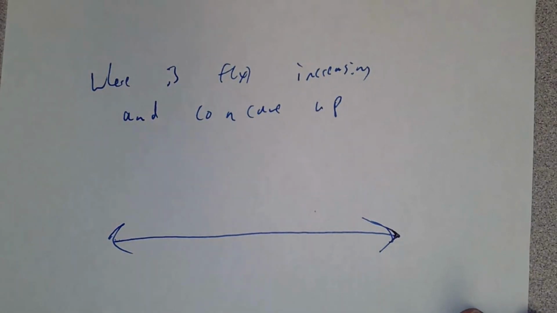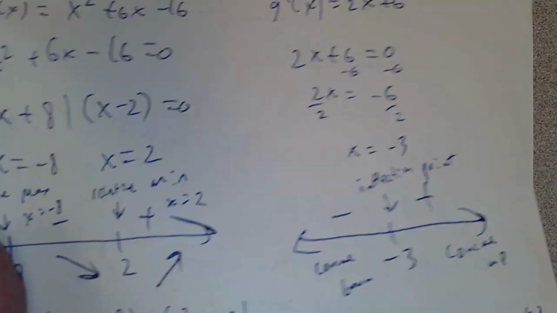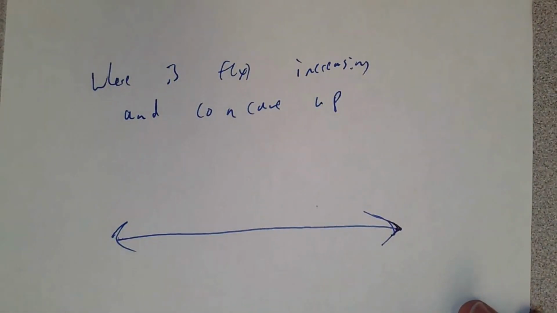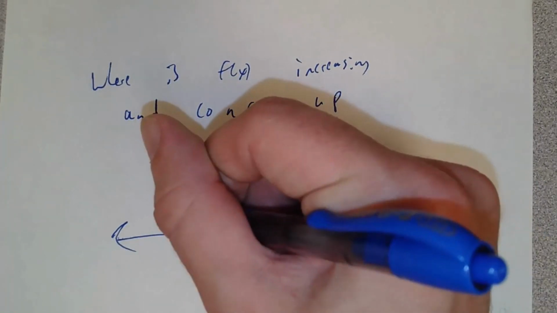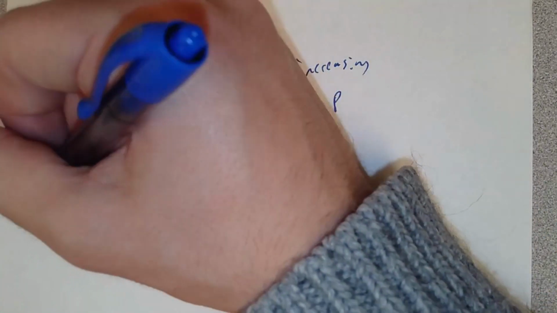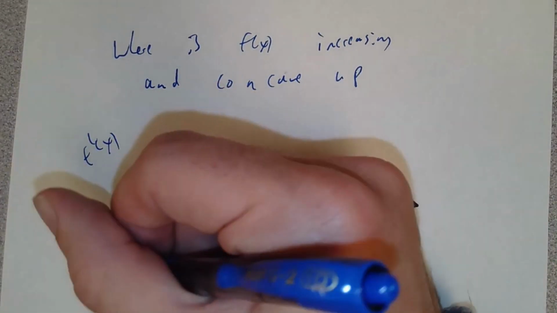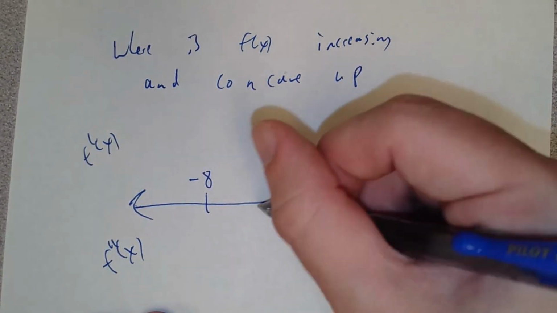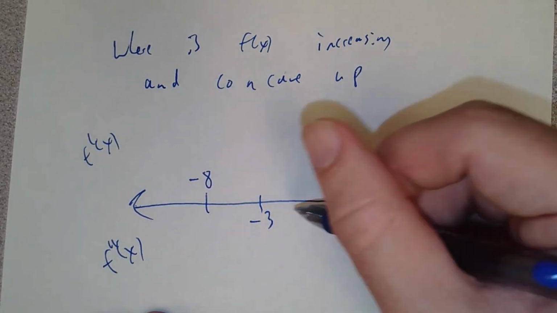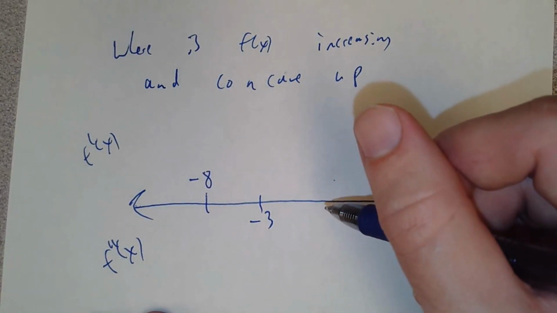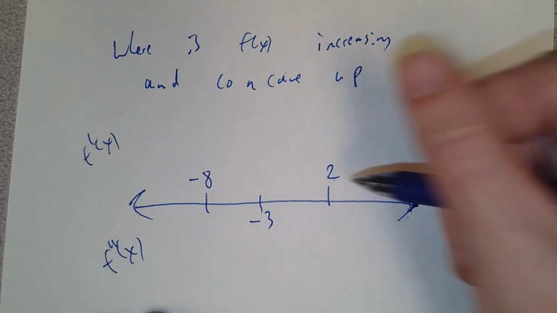So I'm just going to copy over what I've got here. I'm going to do the first derivative on the top side, and I'll put the second derivative on the bottom side. So negative 8 there, and then negative 3 down here for my inflection, and then a 2 up here.